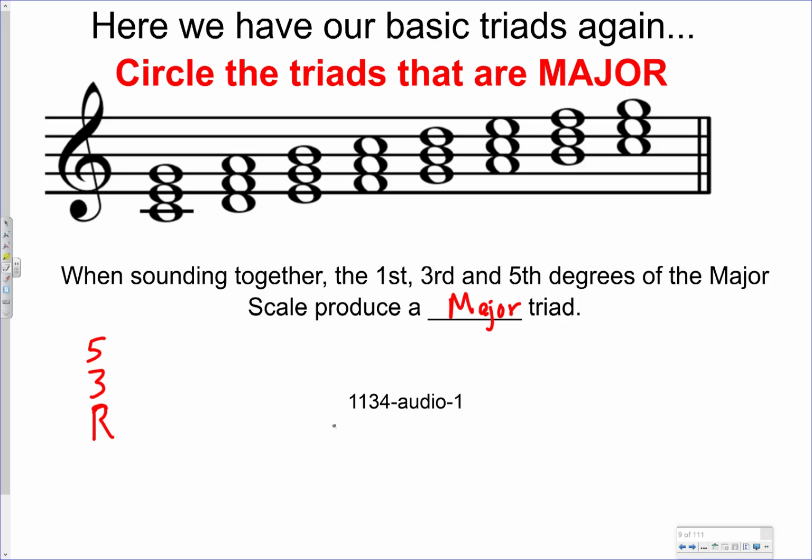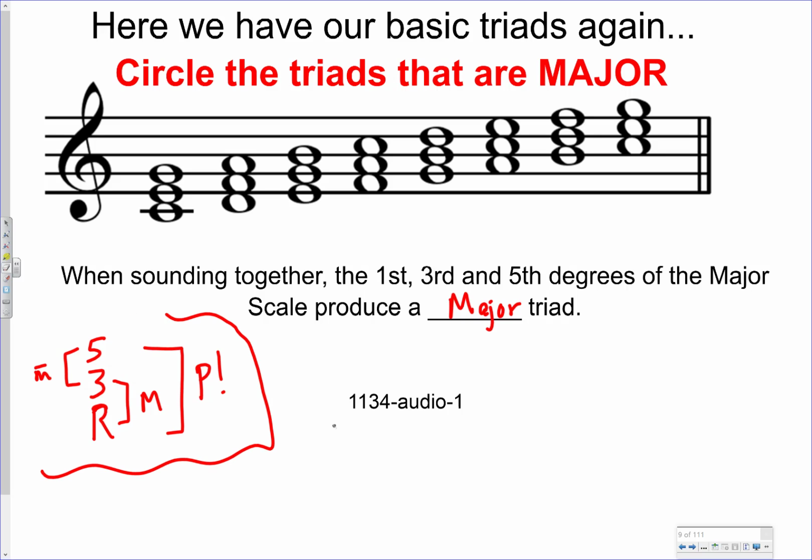And in order for the triad to be major, I need a major third from the root to the third, and I need a minor third from the third to the fifth. And from the root to the fifth, it must be perfect. That's my little chart to refer to when doing this activity.